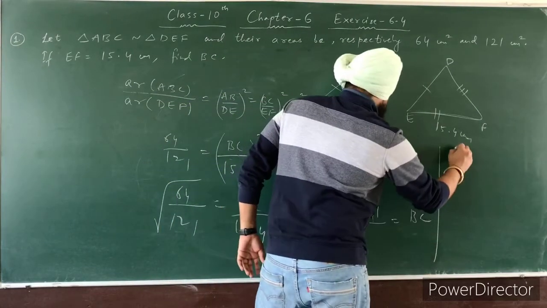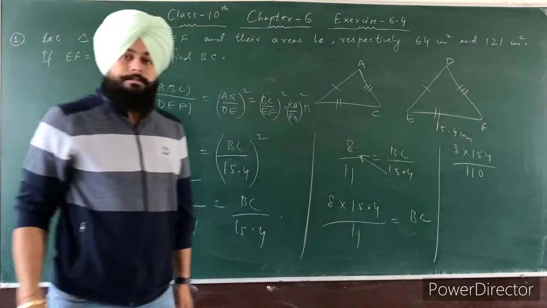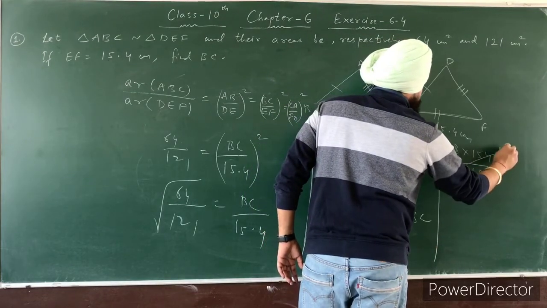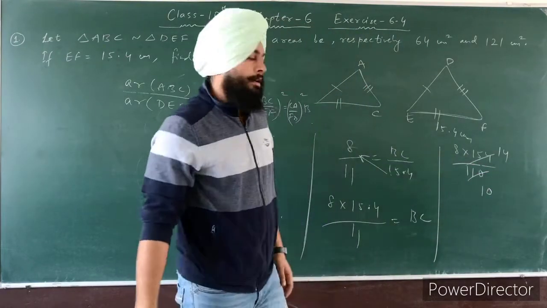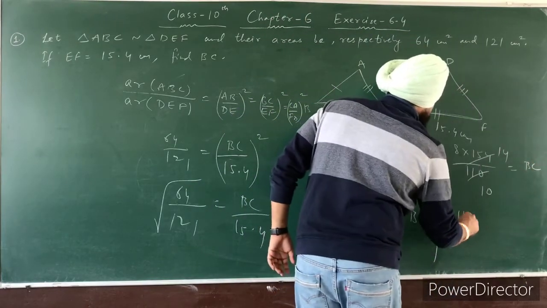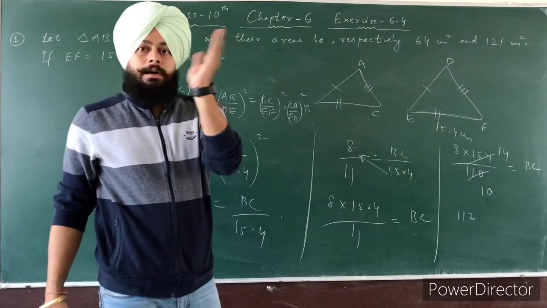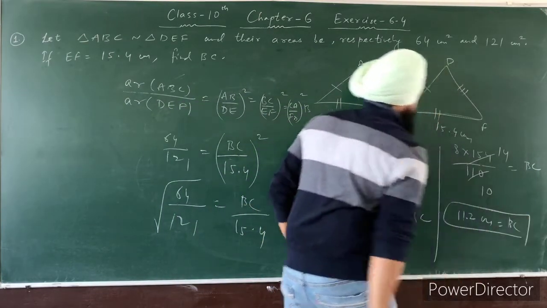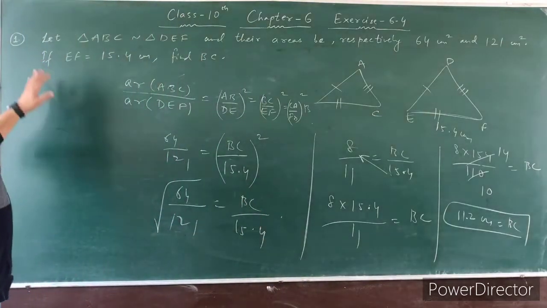Or you can write it as 8 into 154 divided by 110. Remove this decimal point. 11 14s are 154 and 11 10s are 110. Now 14 8s are how much? 14 8s are 112. Now there is 1 zero in the denominator, so put the decimal point after one digit. So what is the length of BC? BC is 11.2 centimeter.